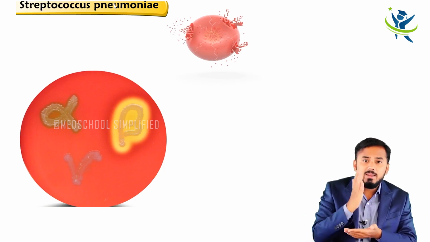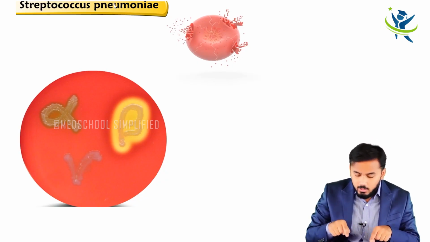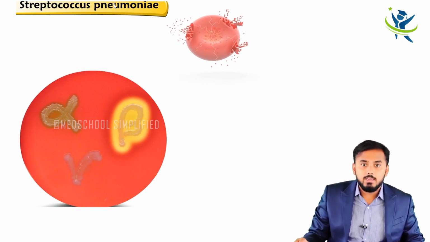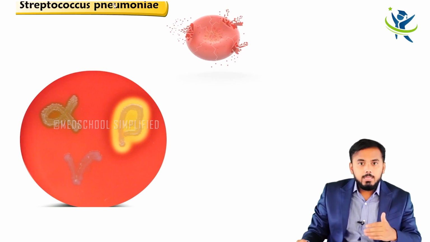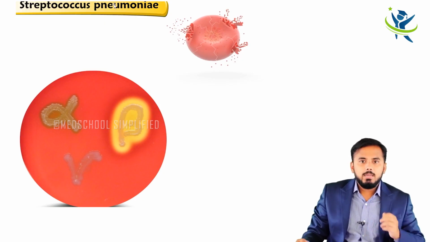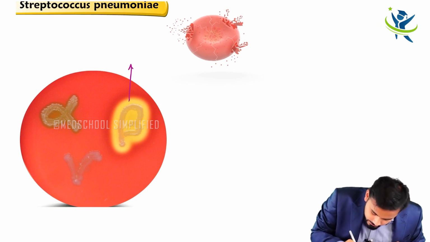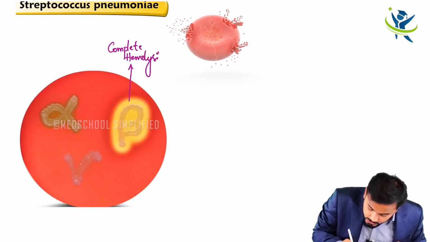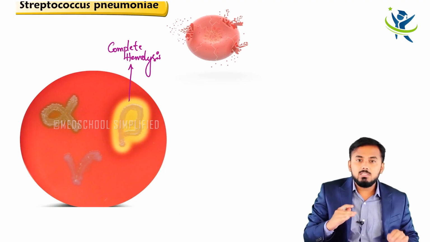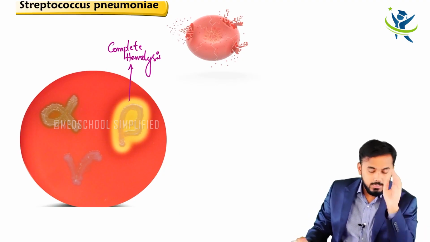All the 100 RBC have been lysed. That is why you cannot see any RBC surrounding it. So can I call beta hemolysis complete hemolysis? Yes. Beta hemolysis is also called complete hemolysis. Which bacteria perform this complete hemolysis? In the previous slide I gave you the examples.